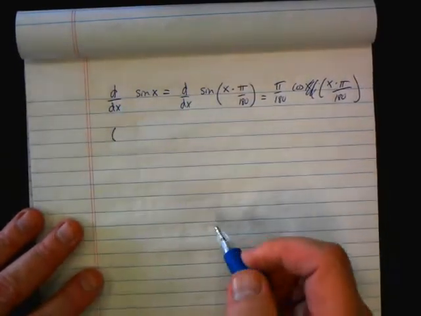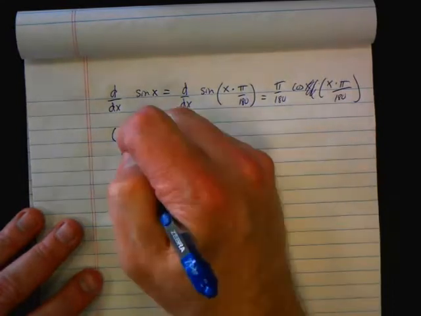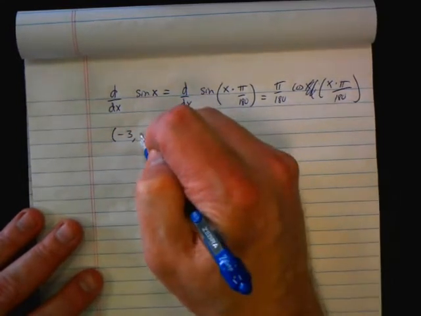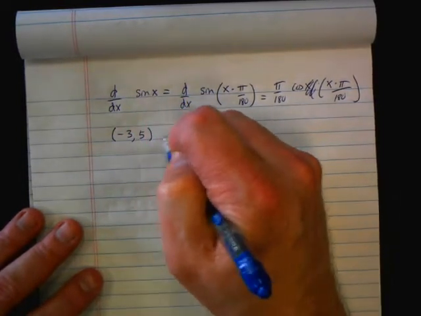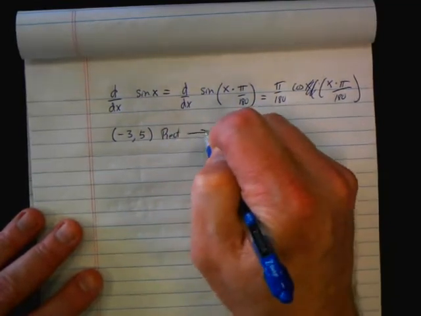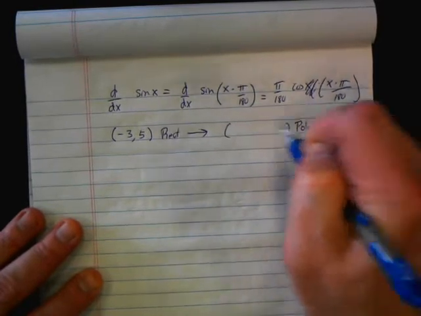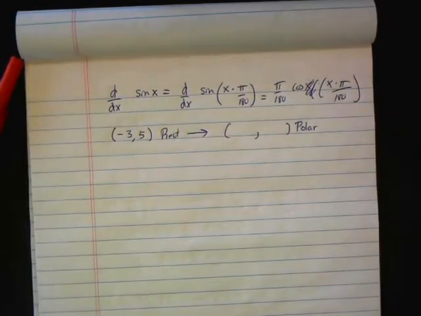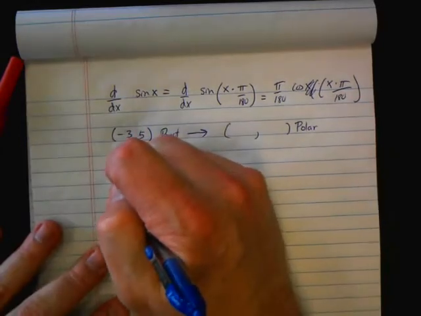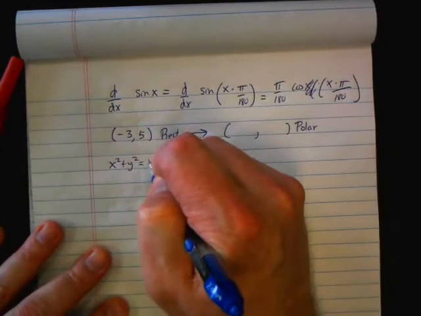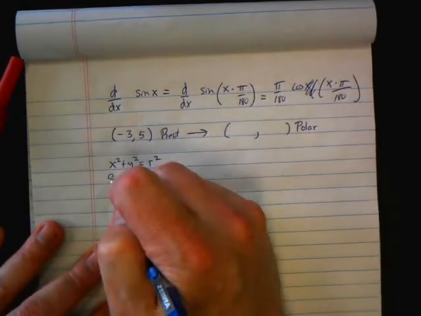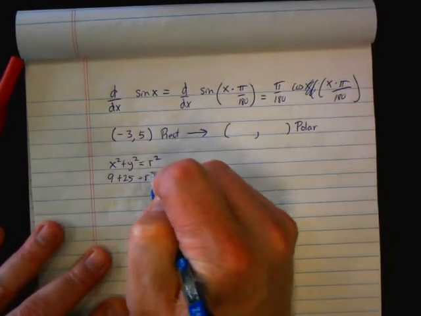All right, here's another point in rectangular form. How about the point -3, 5? That's rectangular. I want to go to polar. How do I find the radius? Pythagorean theorem. I'm going to find the radius by using the Pythagorean theorem. x squared plus y squared is r squared. So that's 9 plus 25 is r squared.